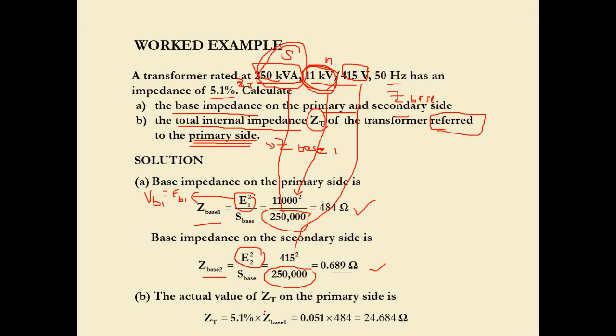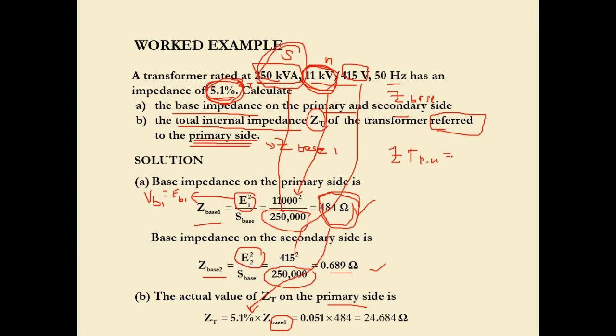So the actual value of ZT on the primary side, if you refer to the primary side, make sure you pick Z base 1, the one you have calculated here, 484 ohm, and multiply by the ZT of the transformer, which is 5.1%. This is basically in PU: 5.1, you have to divide by 100 in order to get the PU. Remember, this is what we have learned in earlier notes.